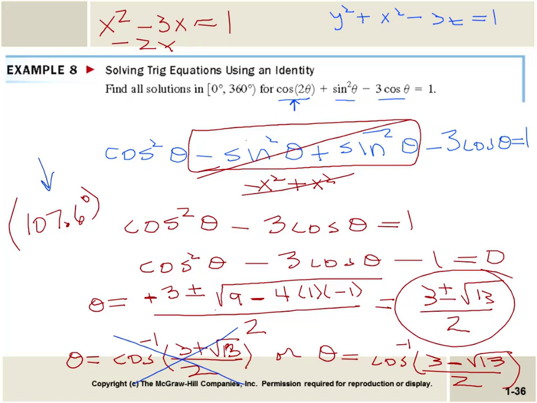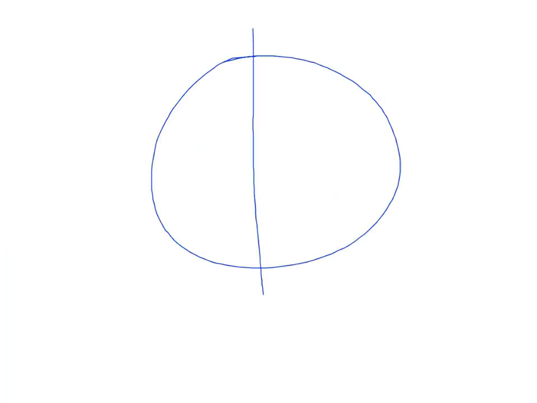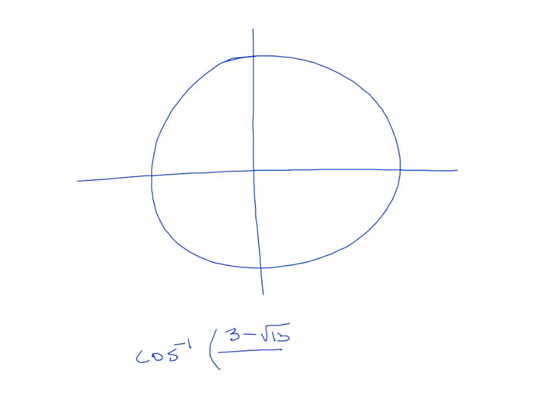Actually, that's not true. This is where it gets really complicated. So I'm going to tell you there are 2 answers here. I'm going to give you a new page. So we know that the inverse cosine of 3 minus the square root of 13 over 2, I think, is equal to 107.6, right?